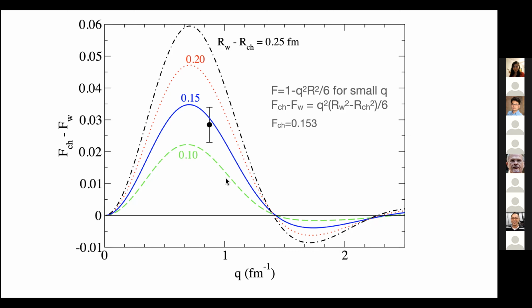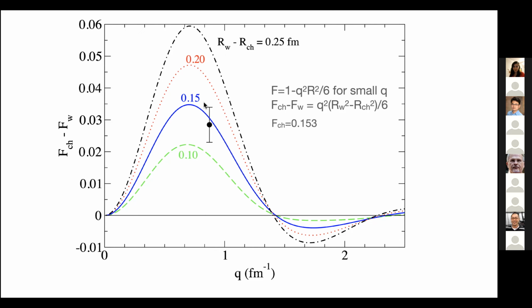So this green curve has the weak radius 0.1 Fermis larger than the charge radius. The blue curve is 0.15 Fermis larger. This is 0.2 Fermis larger. And then finally, the black dot-dash curve up here has a very thick weak skin where the weak radius is 0.25 Fermis larger.